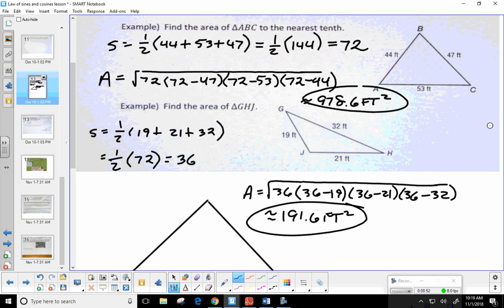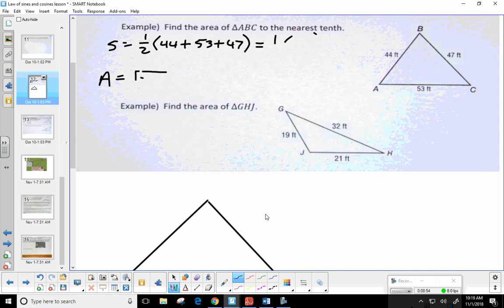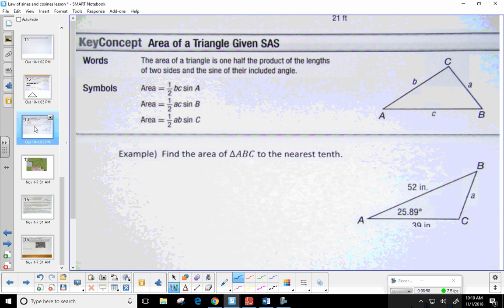Well, there's one other way. If you don't have three sides of the triangle, what if you only have two sides and one angle? Okay, so this one doesn't have a specific name. It's just for a specific case if you have two sides and the angle. Now, the angle has to be the included angle between the two sides. So whatever two sides I'm provided, the angle has to be created by those two sides.